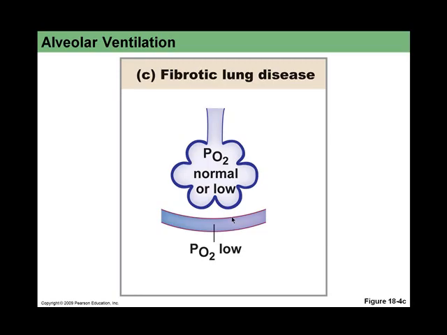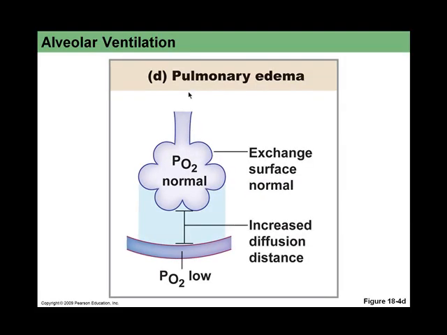It is increased, so you get a decreased exchange. The pulmonary edema would obviously increase that diffusion distance dramatically by creating a liquid separation, but just the same, it increases that distance of the diffusion.